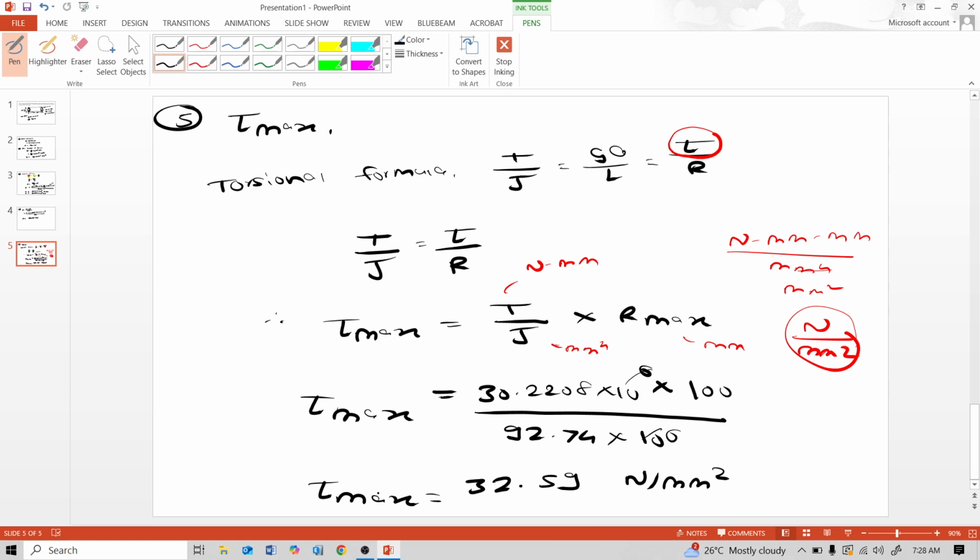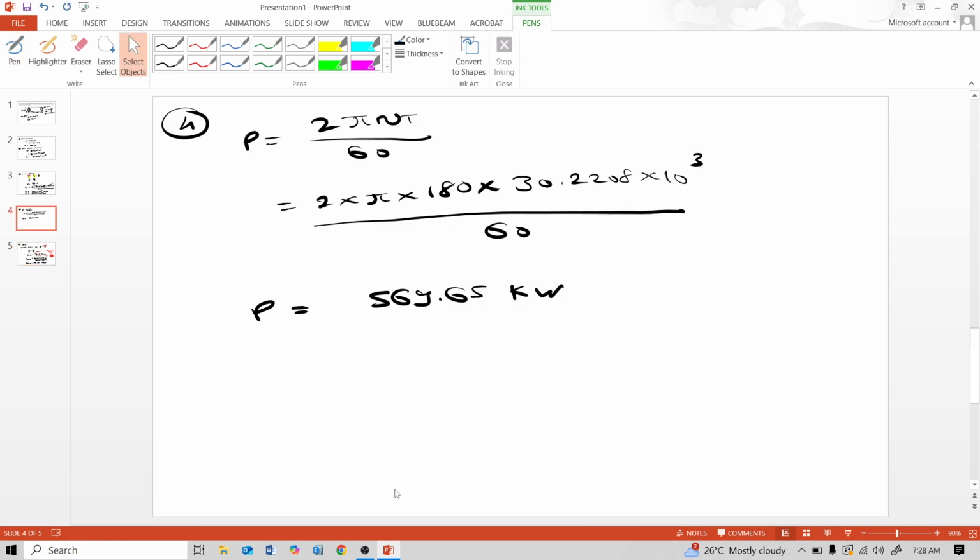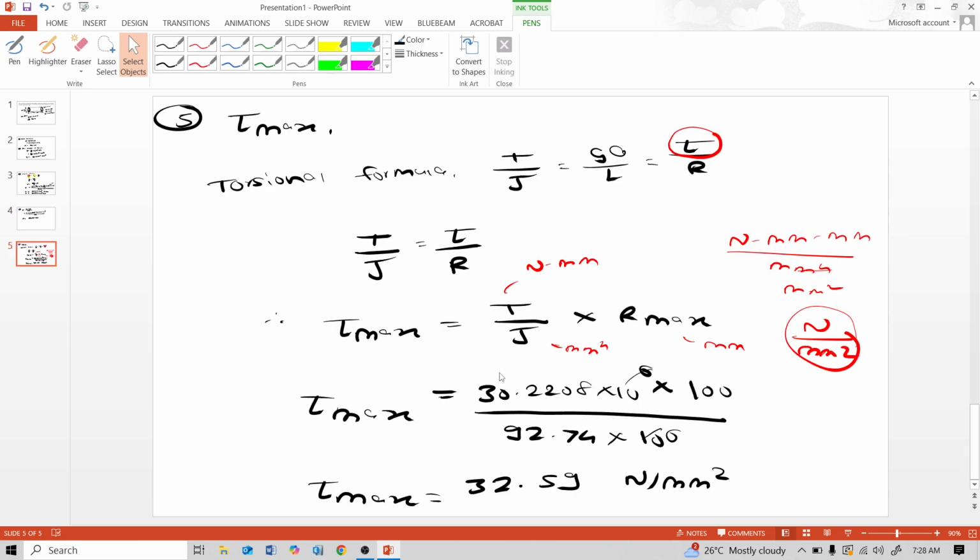So this is tau max and this is P in kilowatt. Thank you very much.